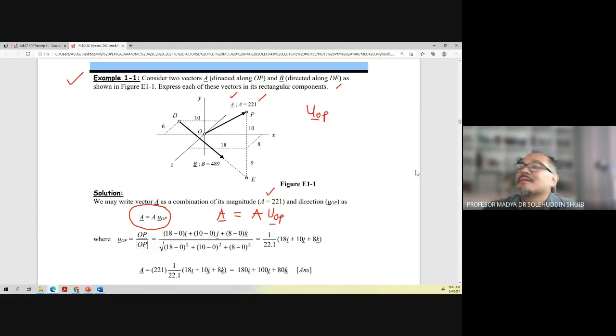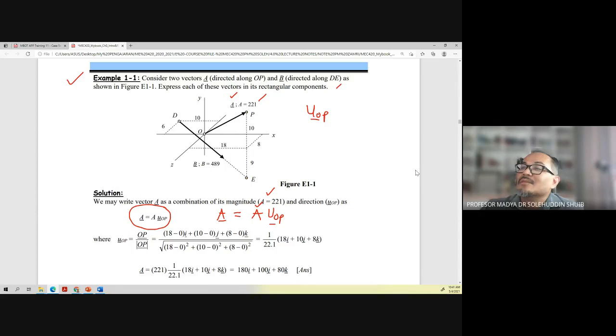The magnitude is known. This one we want to find based on the position given here.